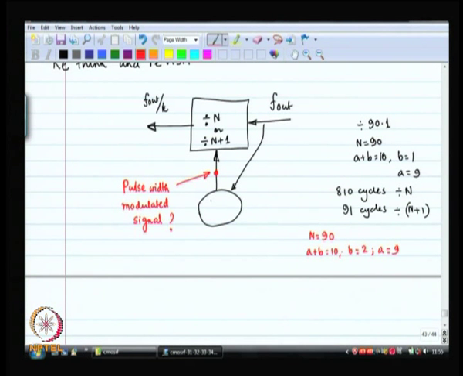This is what you would do. a equal to 8, I am sorry, which means 8 times 90 is 720 cycles. You would divide by n, and 182 cycles you would divide by n plus 1. So, that is how you would get a division by 90.2.